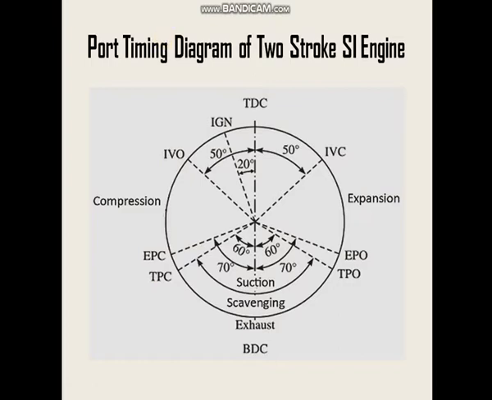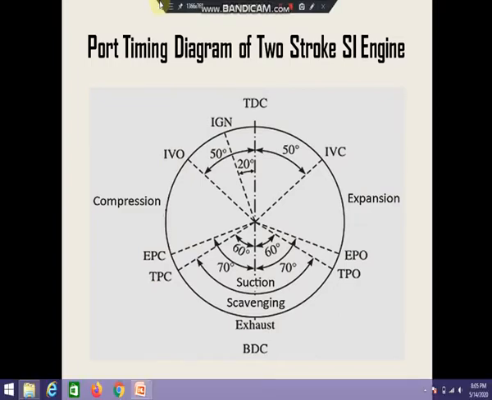And when the transfer port is open, the air fuel mixture which is trapped in the crankcase will enter the combustion chamber. Okay, and this transfer port will be open near about 60 degrees before BDC, and the exhaust port will be open near about 70 degrees before BDC.